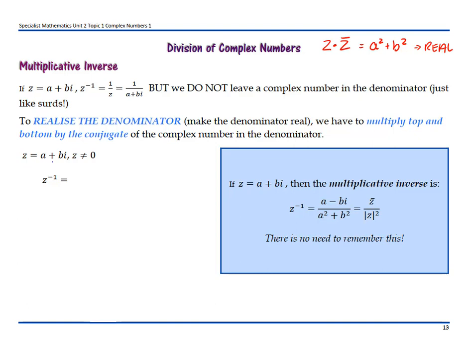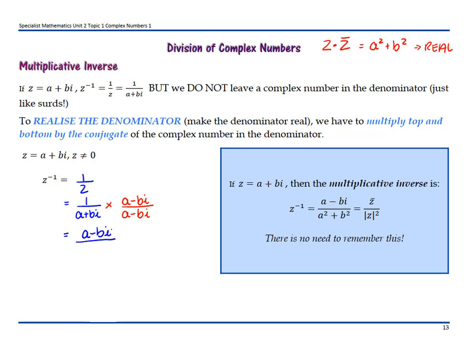So if we have z equals a plus bi, where z doesn't equal 0, our multiplicative inverse, which is 1 over z, which would be 1 over a plus bi, to realize that, we times by a minus bi over a minus bi. So our top is a minus bi.